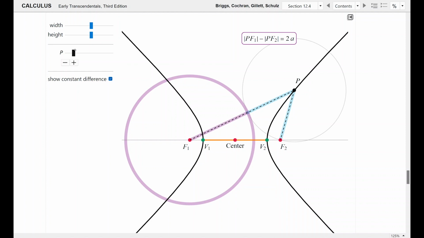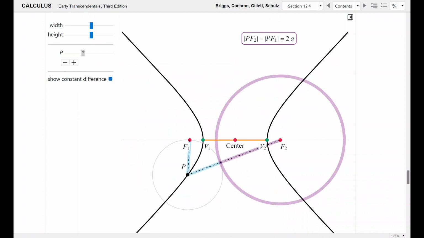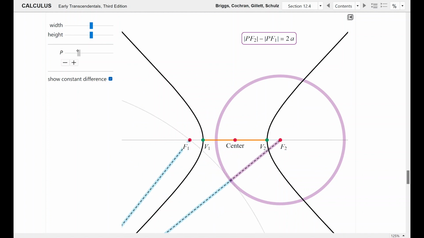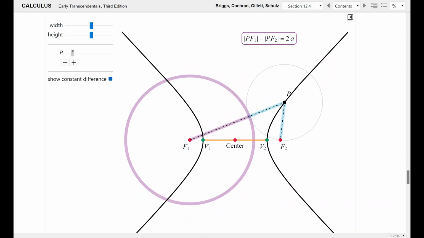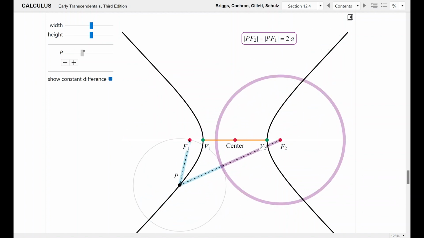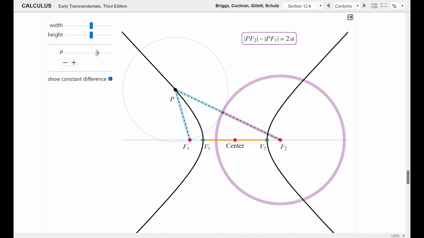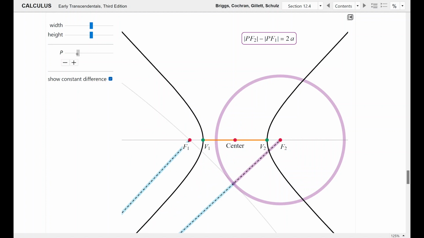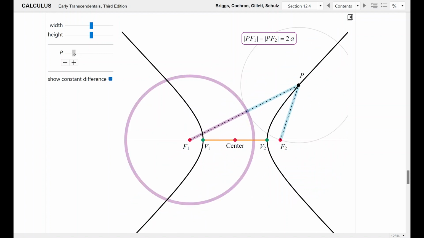And if you take a difference between them, you'll get this constant difference, the radius of the purple circle there. You could see that we could go on both branches of the hyperbola. So that's how a hyperbola is. It's a constant difference, whereas the ellipses were a constant sum.